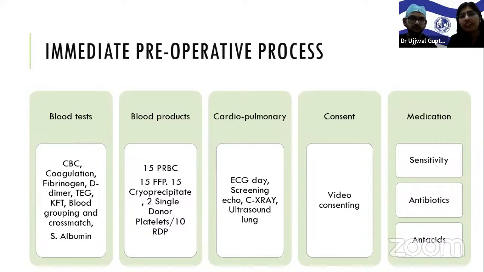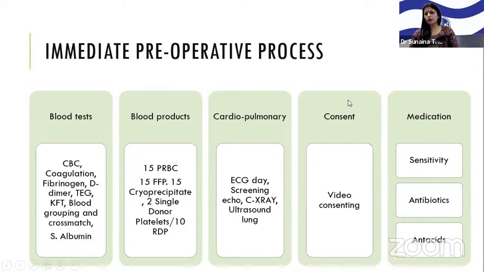And blood products, at least 15 units leukodepleted PRBC, 15 units fresh frozen plasma, 15 units cryoprecipitate, 2 single donor platelets and 10 units random donor platelets, have to be arranged. And for cardiopulmonary assessment, we get the ECG done, 2D echo with chest X-ray and ultrasound lung. And video consent has to be taken, and also get the sensitivity test done, and antibiotics and antacids to be given.